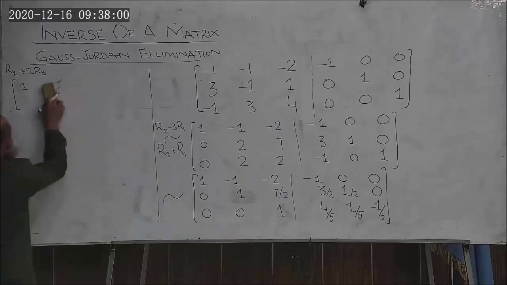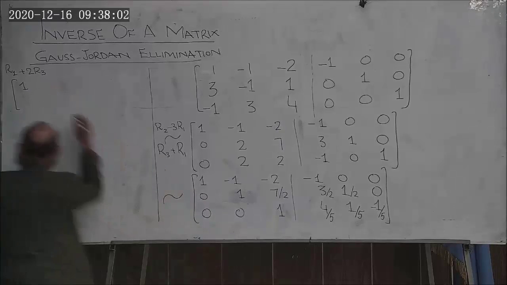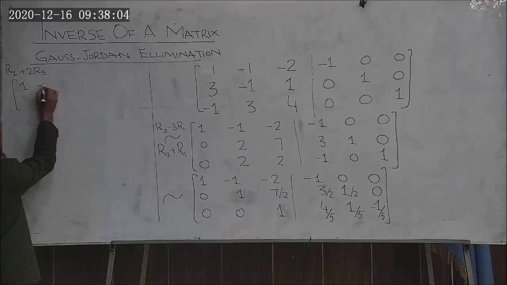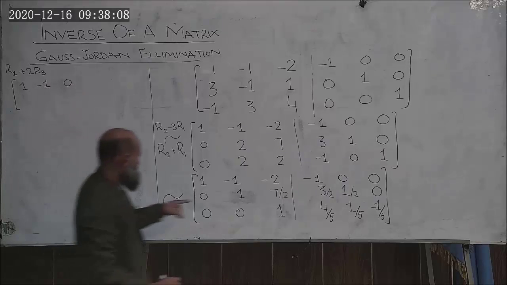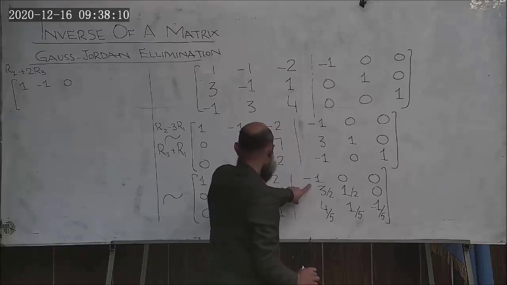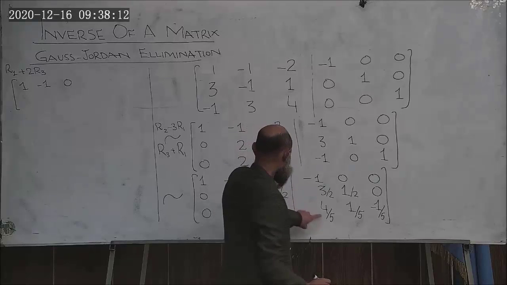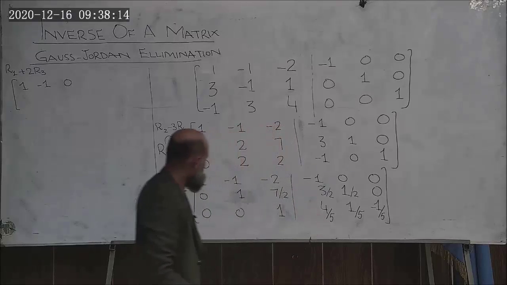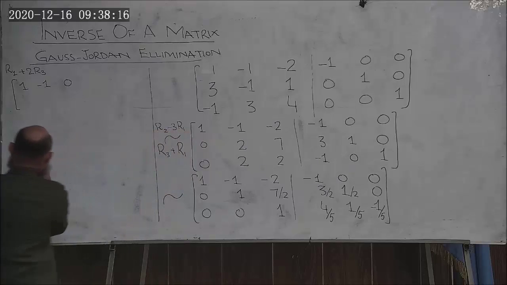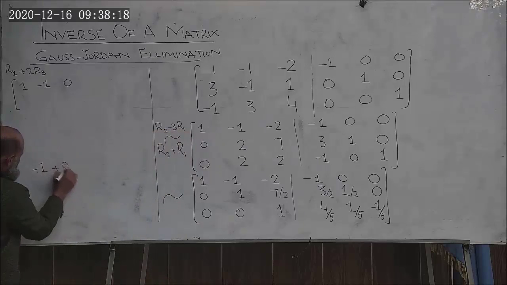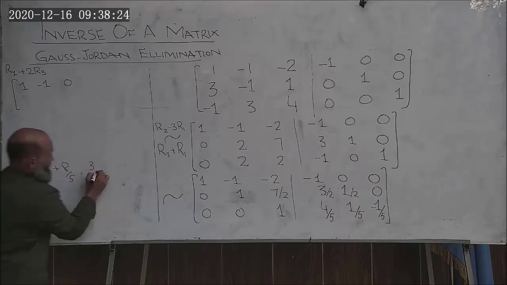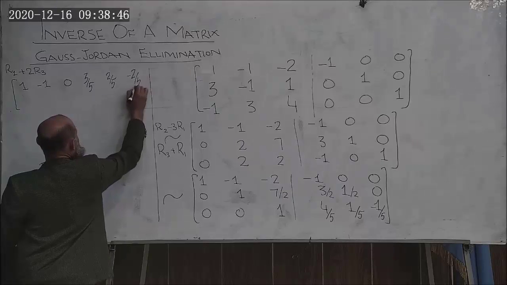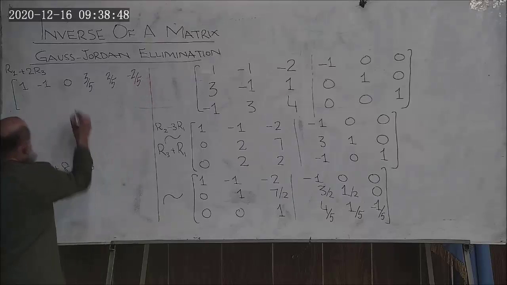We have limited space, so 1 minus 1, 0, and minus 1 plus 8 by 5, so minus 5 by 5 plus 8 by 5, it is 3 by 5, minus 2 by 5 over here.